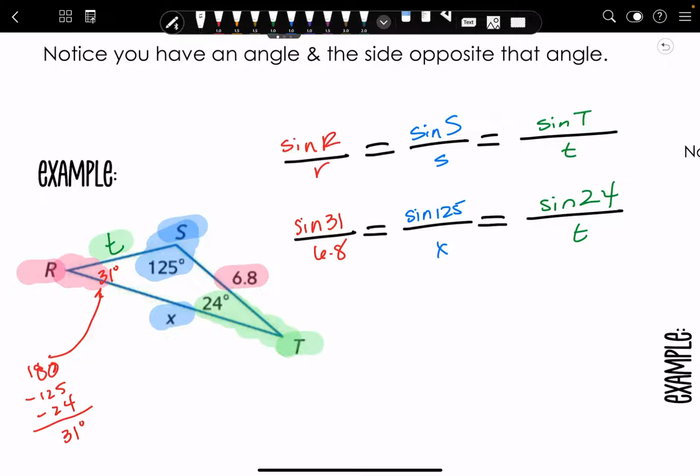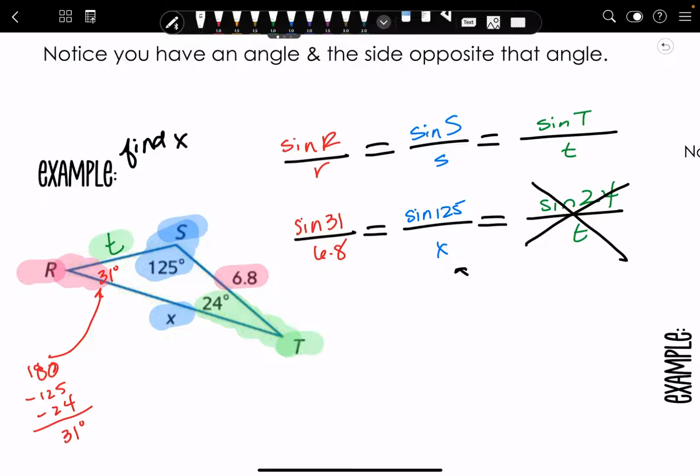In this situation, all we're doing is finding x. Of these three ratios, we don't need the entire proportion, we only need two of them. The one we don't need is the one with angle T. We're not solving for it, it doesn't apply to us. So you can just cross multiply and use this one.